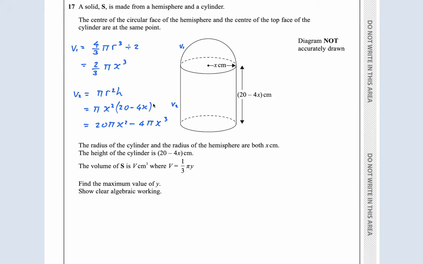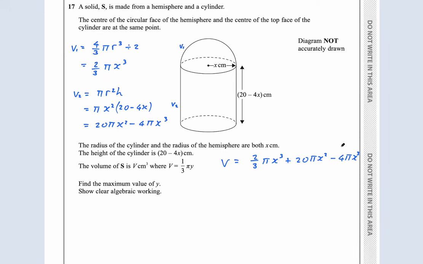Okay, that means the total volume is V1 plus V2. So it's 2/3 pi x cubed plus 20 pi x squared minus 4 pi x cubed.